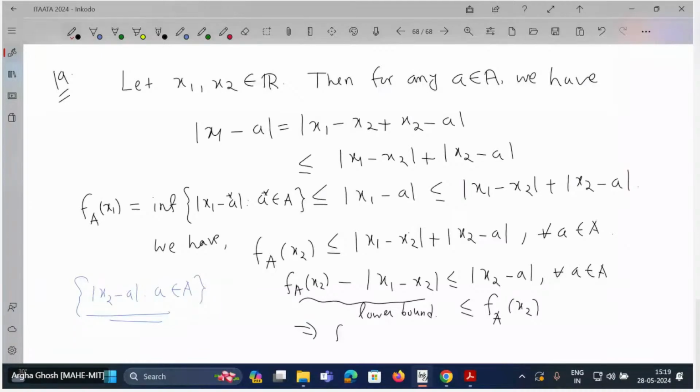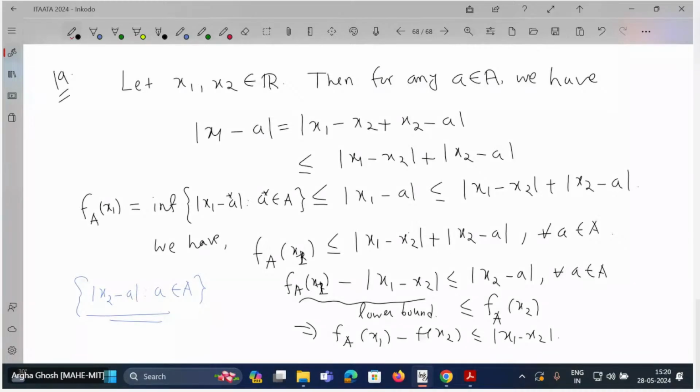f_A(x2), sorry, I think I missed a, this should be x1. f_A(x1) minus f_A(x2) is less than or equal to x1 minus x2. Is it clear? Now similarly you just interchange the role of x1 and x2, you'll have the mod value.